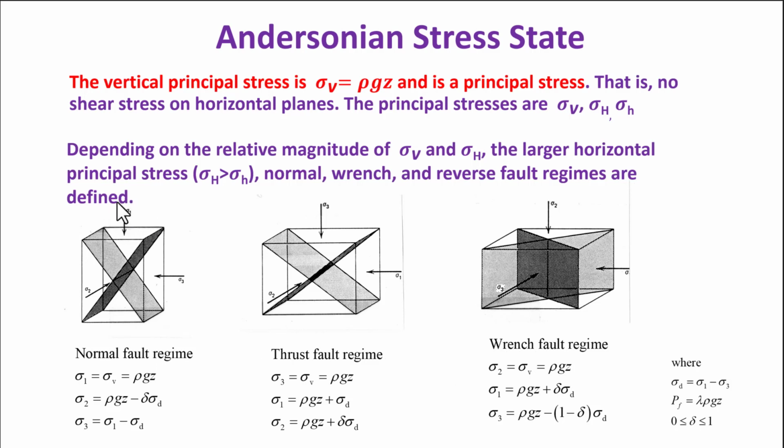If the vertical stress is the maximum principal stress, we're dealing with normal fault regime. If the vertical stress is the minimum principal stress, then we're dealing with a thrust regime. If the vertical stress is the intermediate principal stress, then we're dealing with strike slip or wrenching fault regimes.